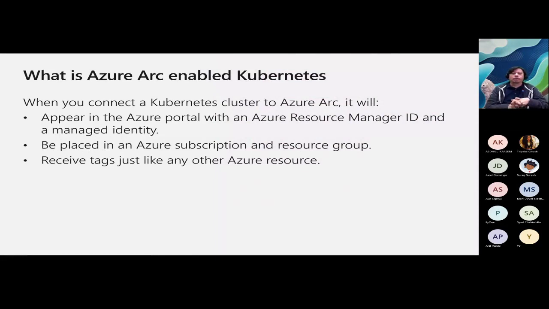When you have Kubernetes deployed to any environment, you can bring it to Azure. So you can do the maintenance and everything else inside of Azure. These Kubernetes clusters are the ones that we call Azure Arc Enabled Kubernetes.